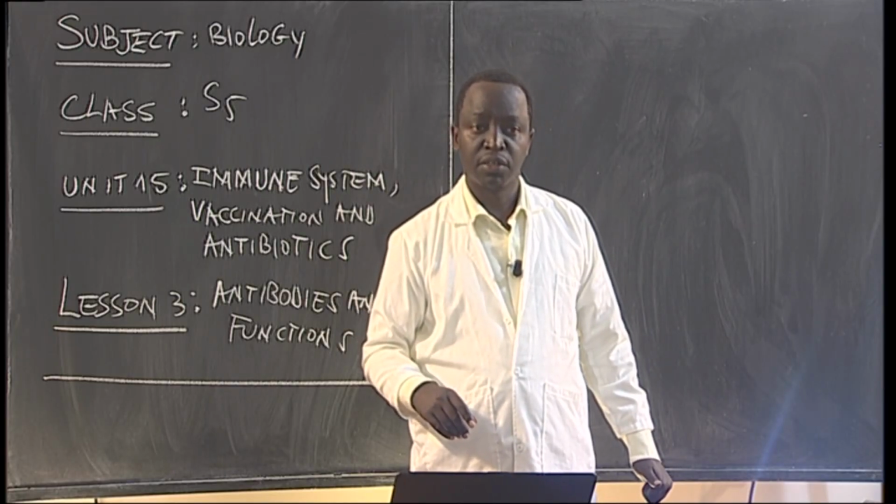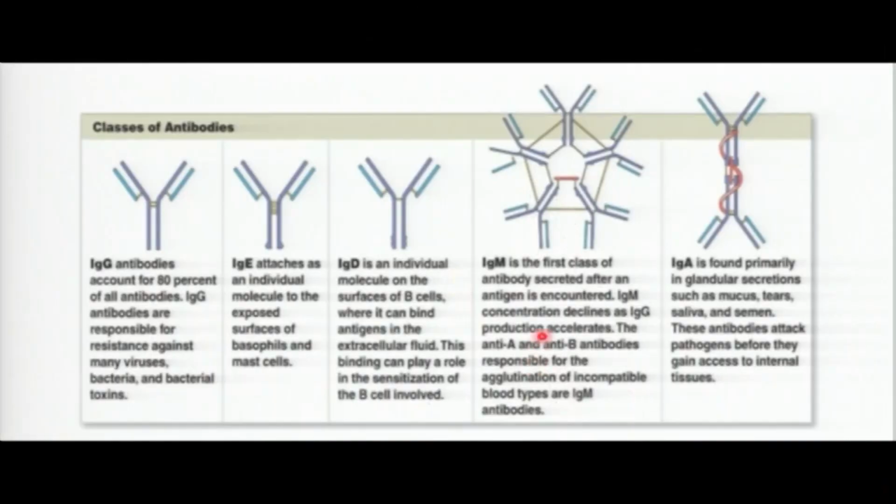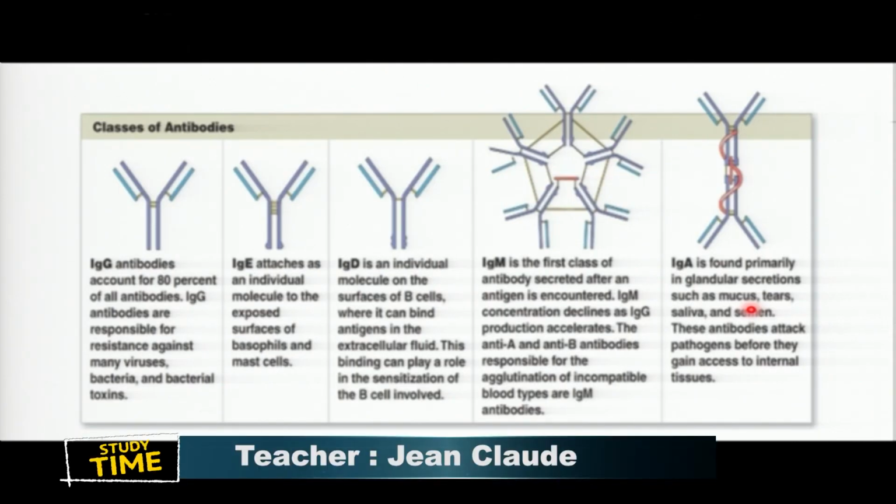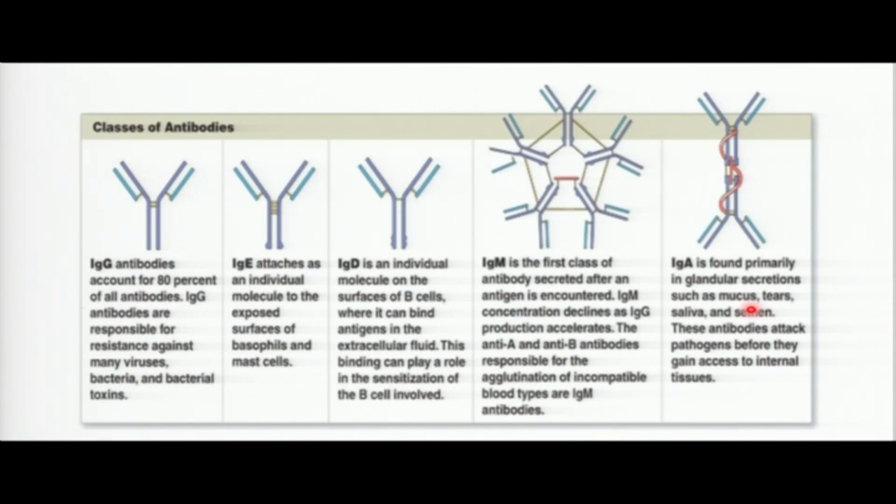Are we together? And then finally, we have this IgA. This is immunoglobulin A. It is found primarily in glandular secretions, such as mucus. Let me give you an example. Our saliva contains lysozyme.